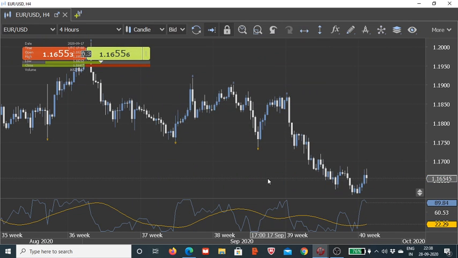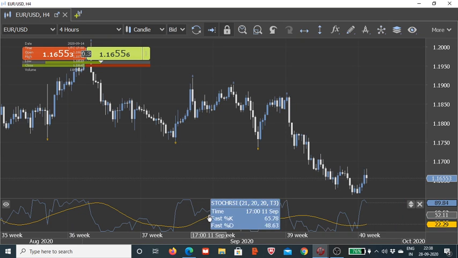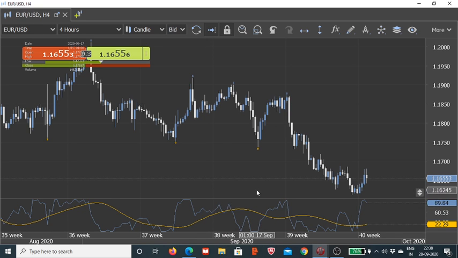20 and 20, and it will look like something like this. And I think here not many whipsaw trades, and we are getting a fairly good idea of the trend change.